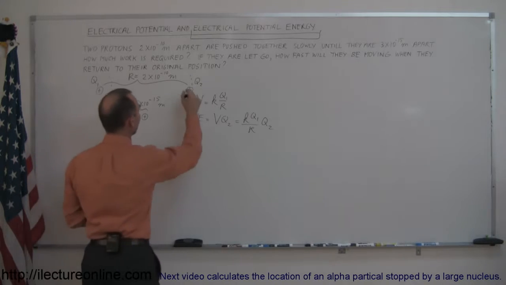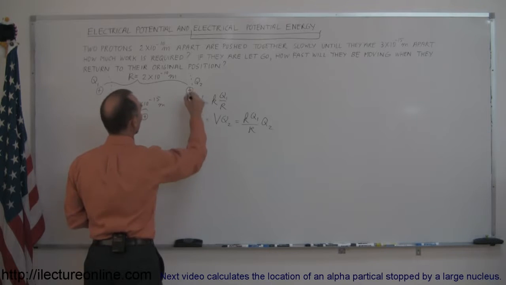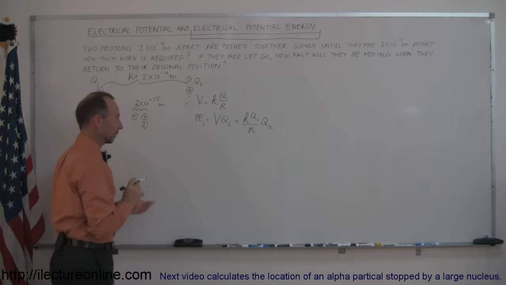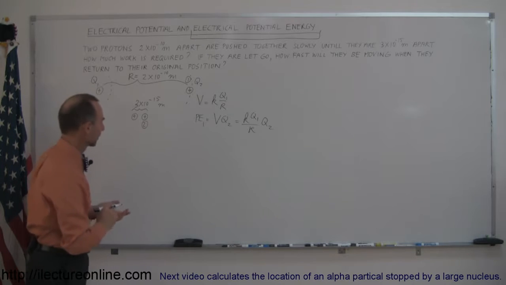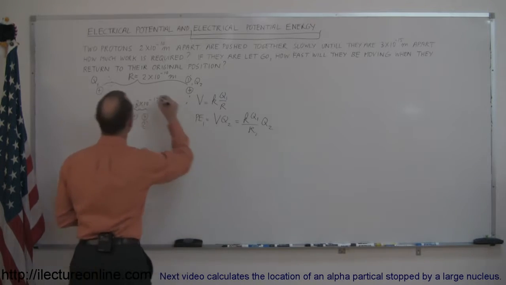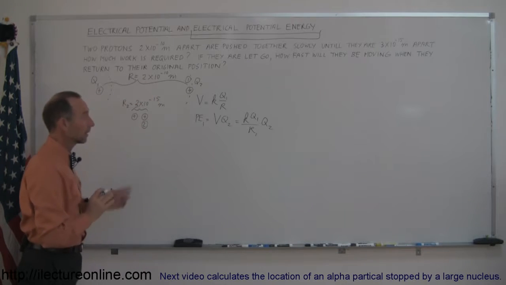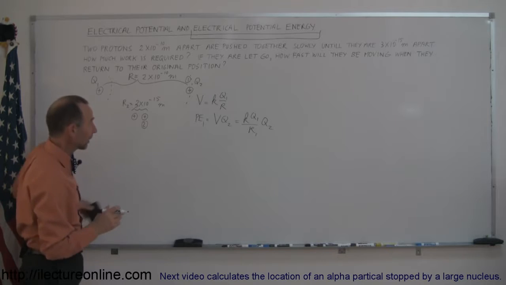All right, so let's call this position 1, and let's call this position 2. We'll figure out the potential energy of position 2. And let's call this R1, and let's call this R2. There we go. Now let's plug in some numbers, and I did bring my calculator.